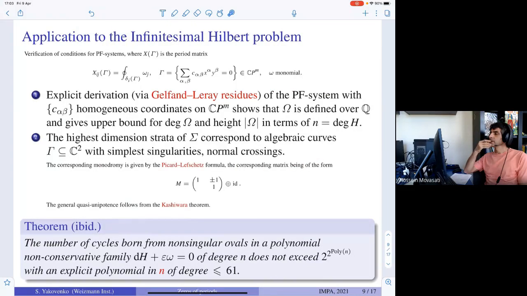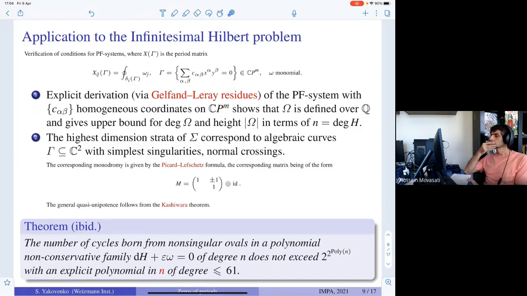Okay, so here I will probably skip application of this result to the infinitesimal Hilbert problem. Just wanted to say that the monodromy matrix associated to going around a point on the regular stratum is given by the Picard-Lefschetz formulas, which has units on the main diagonal and plus or minus one here, which means adding or subtracting the vanishing cycle.